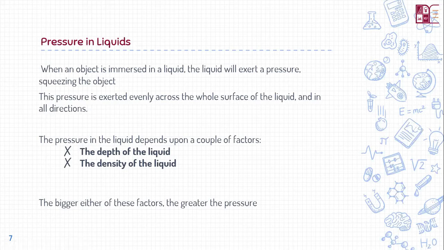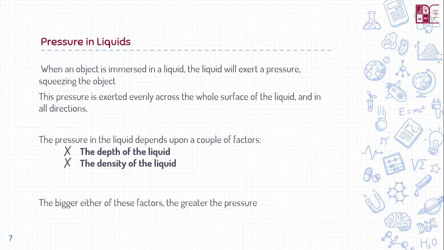One thing we also need to understand is that when we consider pressures, we consider liquids and gases both as fluids, in the sense that they can change their shape easily. A fluid is a substance that can flow. When we take into account the pressure in liquids, there are a couple of factors, such as the depth of the liquid and the density of the liquid.